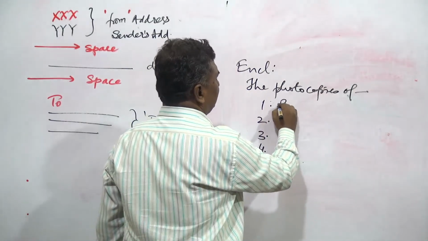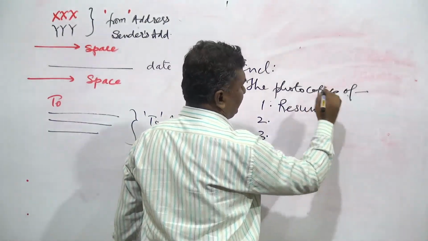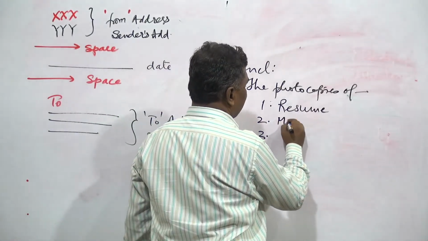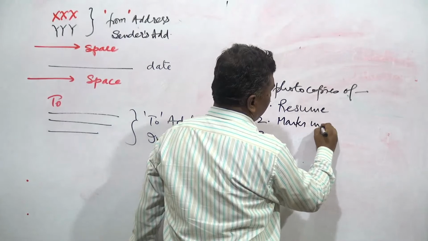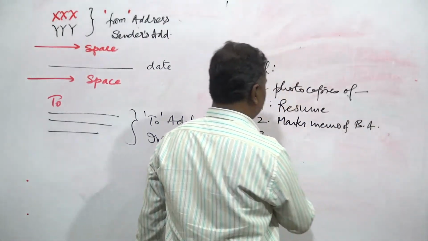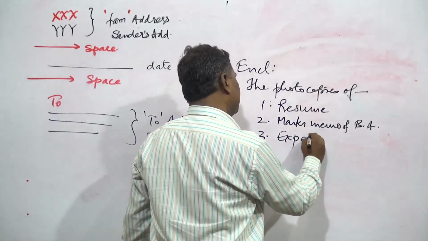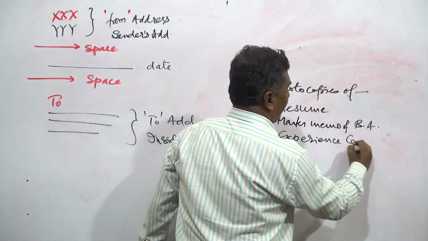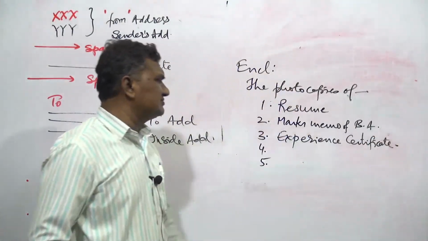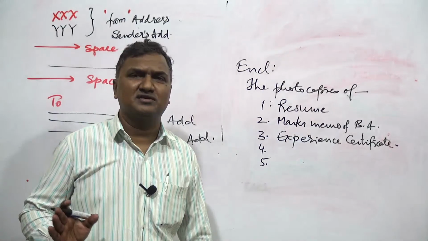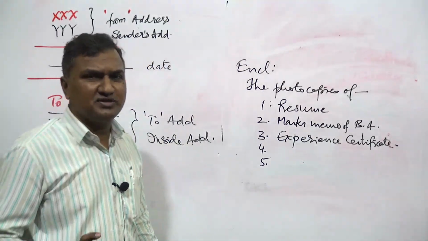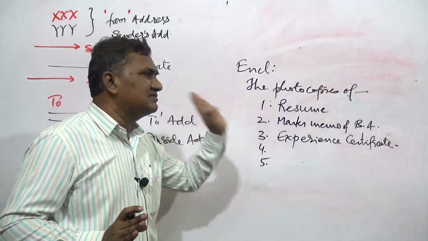For example, this can be resume, or the marks memo of BA, experience certificate, like this. Whatever you mention in the body of the letter, your experience, your skills, and all those things, you have to give the proof in the form of documents. That list you can make here.